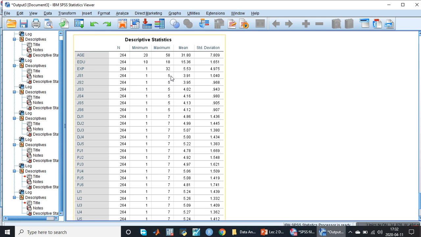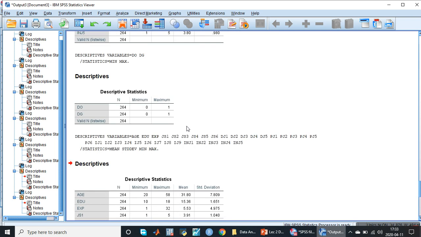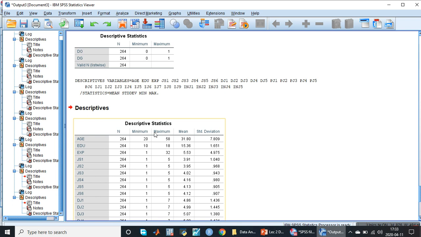Here 5 means strongly satisfied, 4 means satisfied, 3 means neutral, 1 means disagree, and 5 means strongly agree. So most of the individuals were on a scale of 4. 4 means they were satisfied with their job. So these are the descriptive statistics.